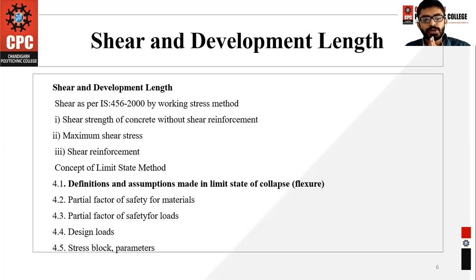So what are the stress block and the parameters? Okay, one more thing I would like to tell you. Ultimately we are going to discuss beams and columns in this subject. So what is a beam and a column? I hope you must be knowing about the beam and column.